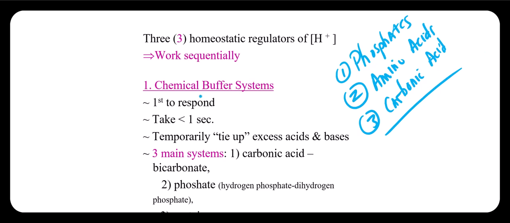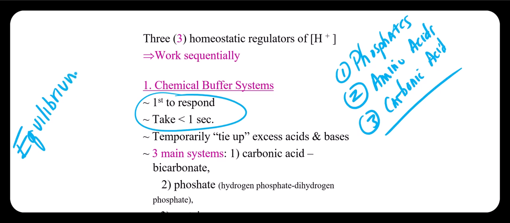They're quick. They kick in less than a second. The reason they can kick in so quickly is they're very, very equilibrium based. So it doesn't take long to get to equilibrium. Since they're equilibrium based, they can change very quickly.